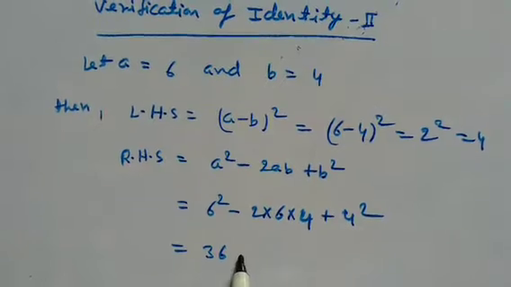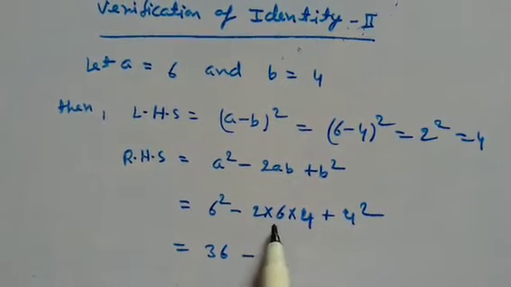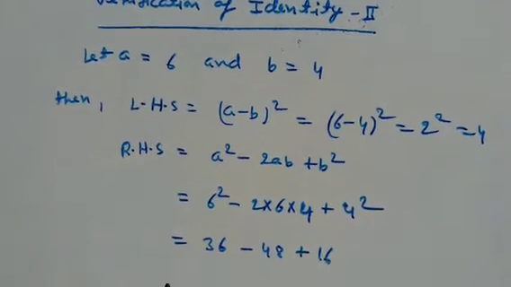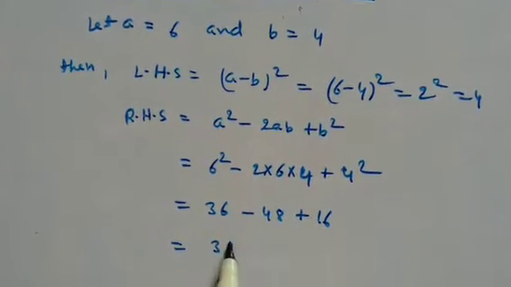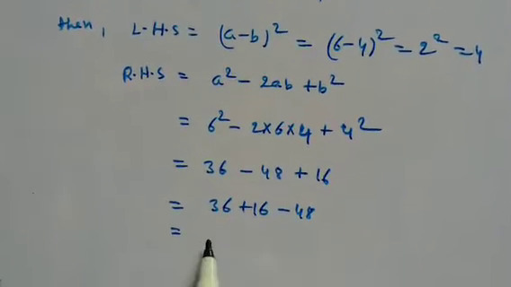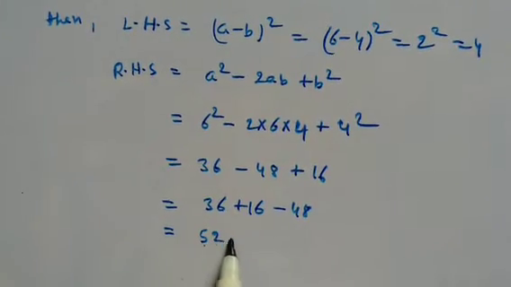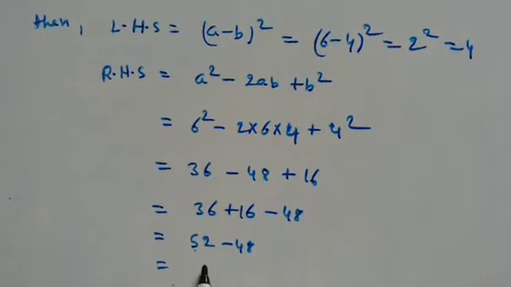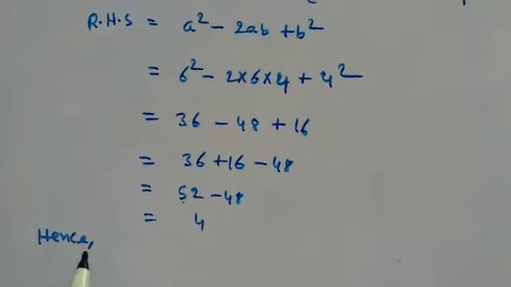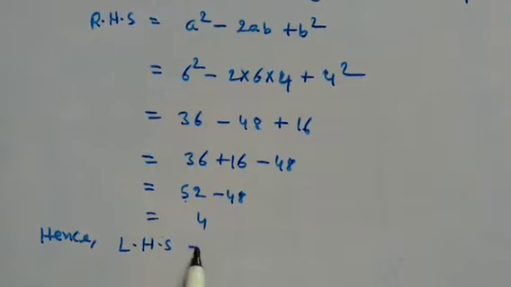36 minus 48 plus 16 equal to 36 plus 16 minus 48, we get 52 minus 48 equal to 4. Hence LHS equal to RHS.